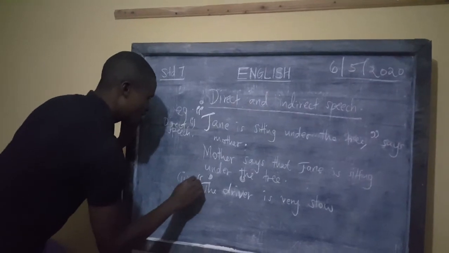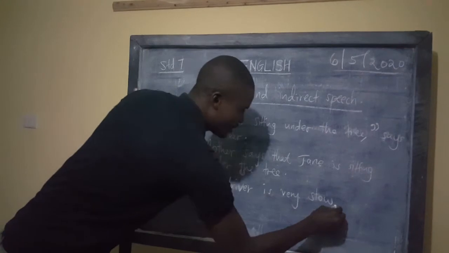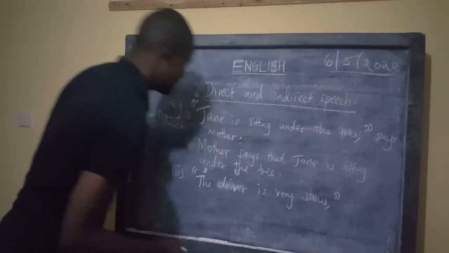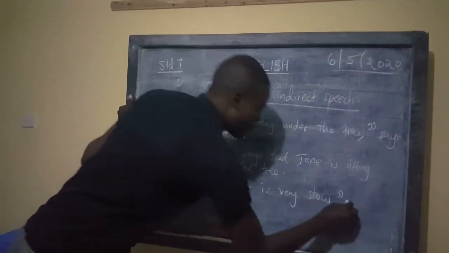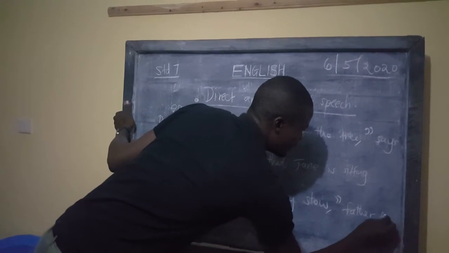So the opening speech mark has come there. Immediately after the opening, there's a capital letter. There's a comma before the end of the quote. And then who says? The driver is very slow, Father said.